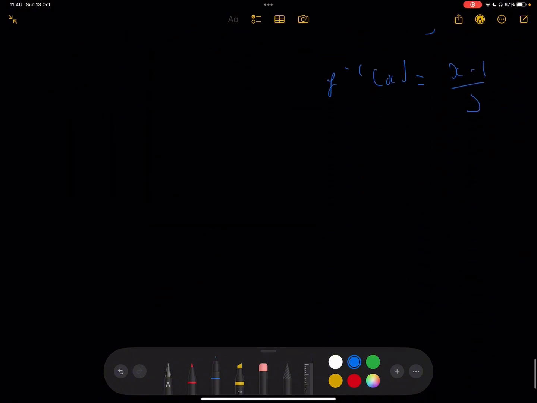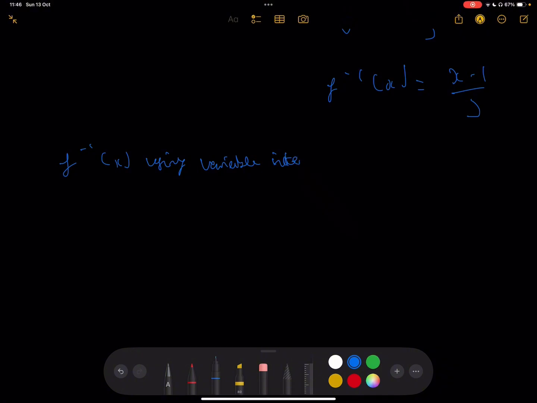So, part 3 to this question would look something like this. Find the inverse function of f of x using variable interchange. How do we do this? Well, f minus 1 of x using variable interchange. We have expressions for f of x, and we know that variable interchange is literally just switching the variables around.